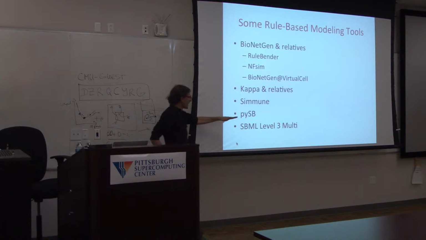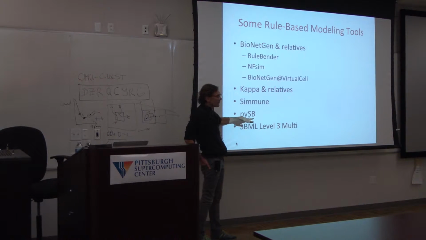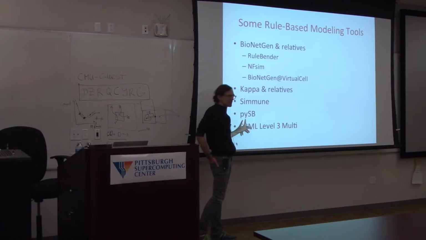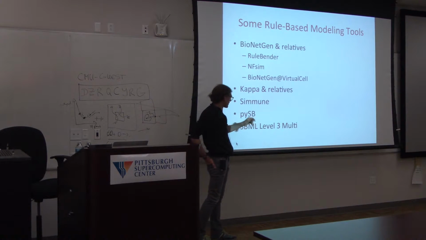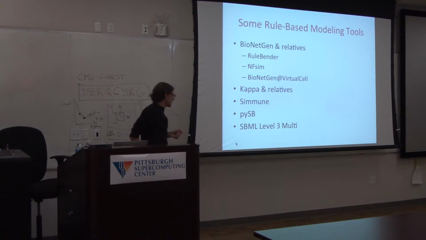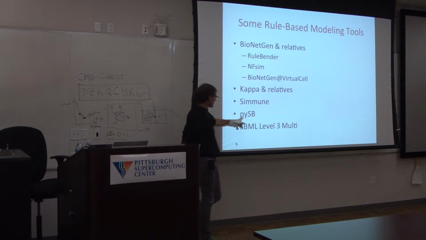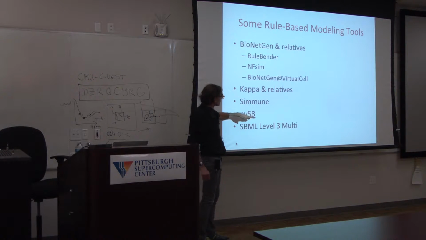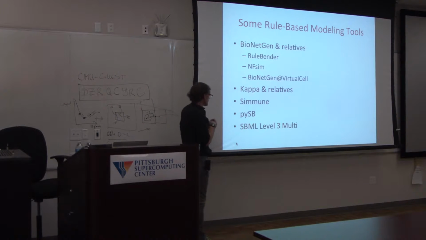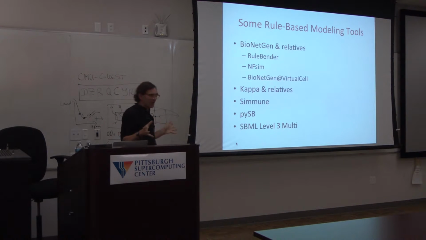PySB is actually built on top of BioNetGen, so it uses BioNetGen as a model compiler, but you write your models in a variant of Python, a customized Python language. That's the PySB language, and what it really gives you, once you understand the basic concepts of rule-based modeling that we're going to talk about in the tutorials today, is a great way to build structure on top of that. Whereas in BioNetGen, we write down rules for every single kind of combination of molecules we have in our system.